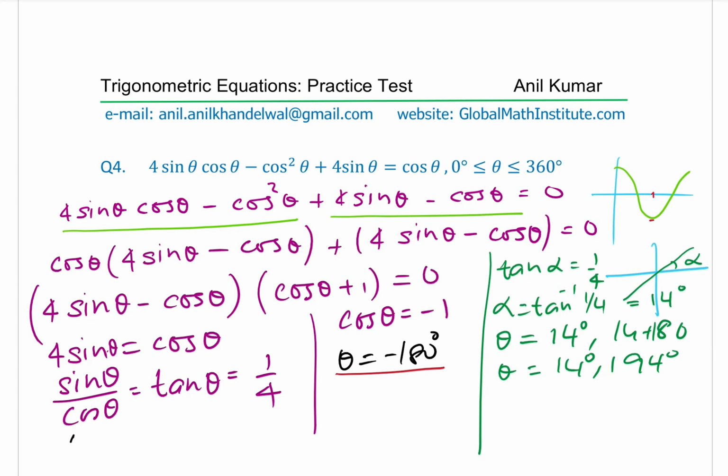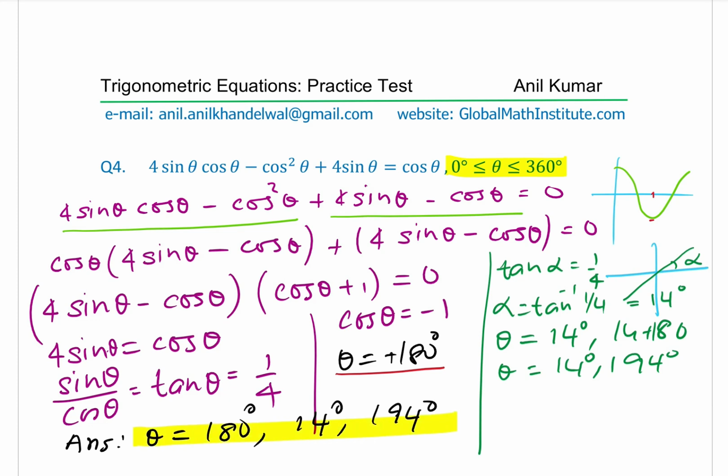So our answer now here is theta is equal to this is 180 degrees because we are in the domain of 0 to 360 degrees. So it is 180 degrees, and here we get 14 degrees and 194 degrees. Is that correct? So that is how we are going to answer this, and it falls within the given domain. Perfect. So that is how you should be solving.